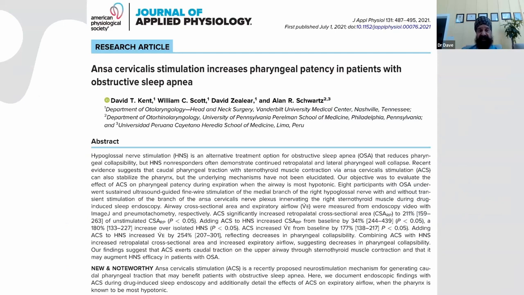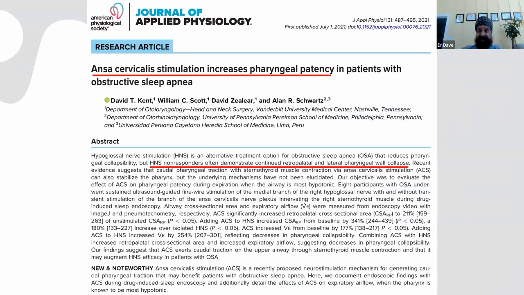Here is a very similar study using ansa cervicalis stimulation to increase pharyngeal patency. Some of these patients had hypoglossal nerve stimulation but were non-responders because the lateral pharyngeal walls and retropalatal walls continued to collapse.